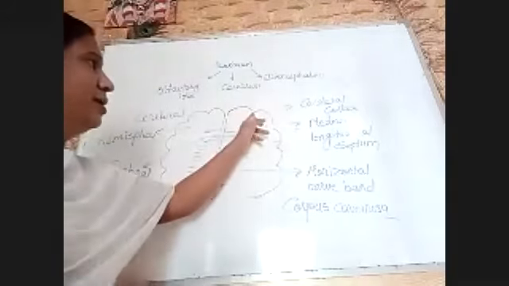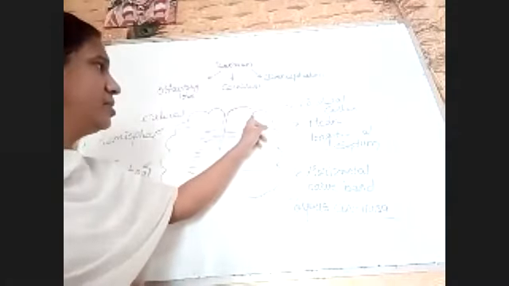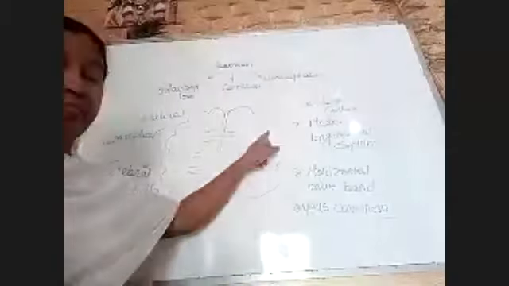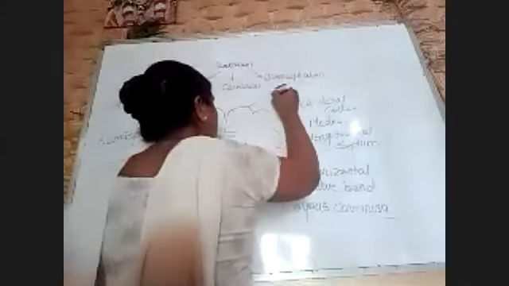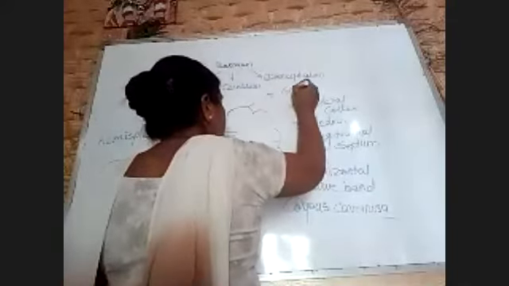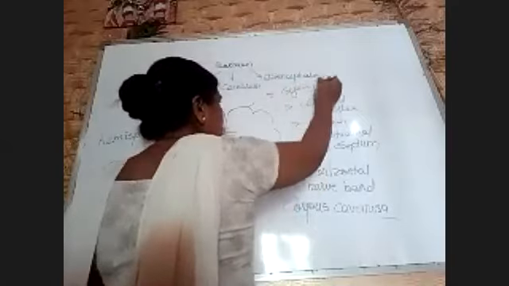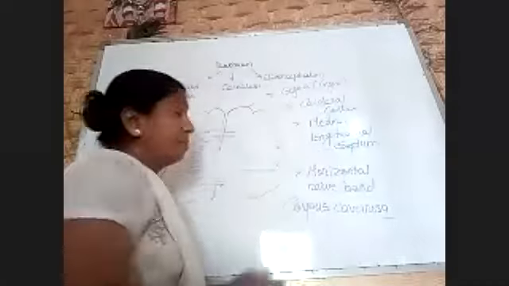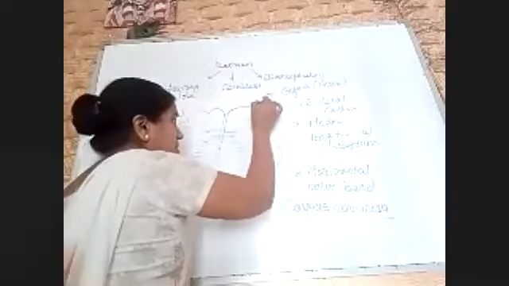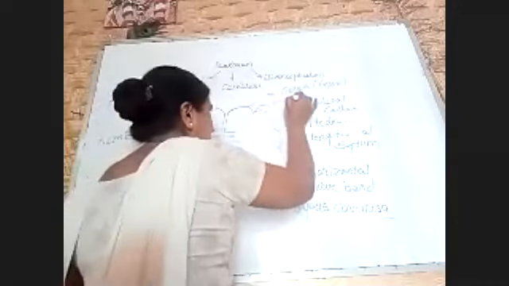This part that you see here, look, you can see these elevations and these depressions. So these elevations are called gyrus. One is a gyrus. So many are there, no? They are called gyri. And this depression is called a sulcus.